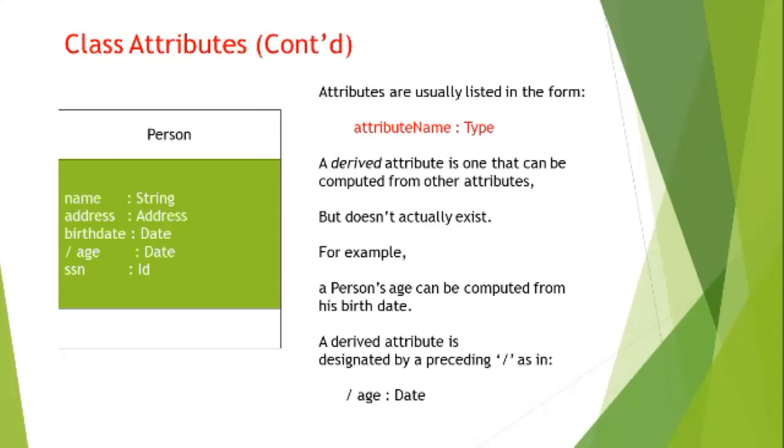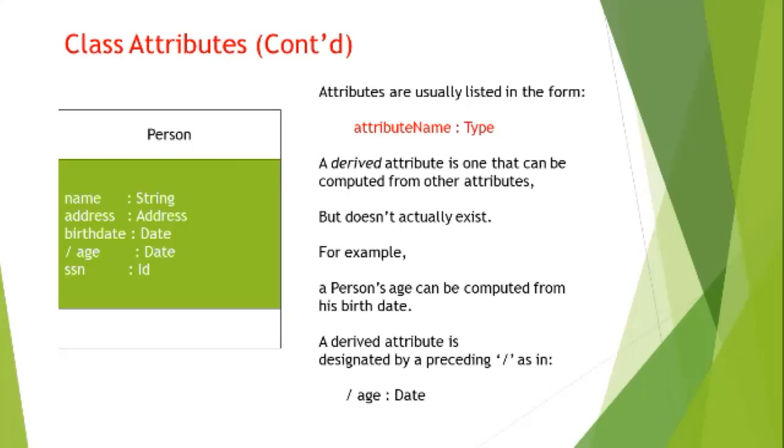Attributes are usually listed in the form attribute name, that is type. A derived attribute is one that can be computed from other attributes but doesn't actually exist. For example, a person's age can be computed from his birth date.